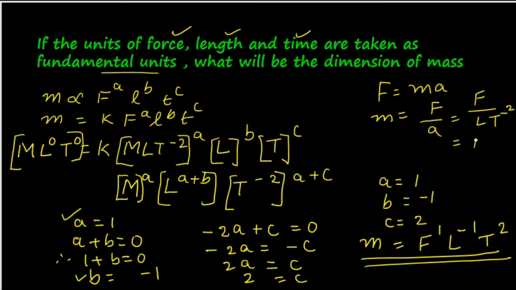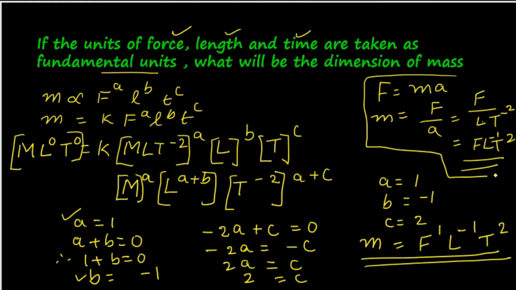So this will become F T raised to 2. L becomes L raised to minus 1. When this is cross checked, we get the same answer. So the dimension of mass is M is equal to F raised to 1, L raised to minus 1 and T raised to 2. I hope it is clear.